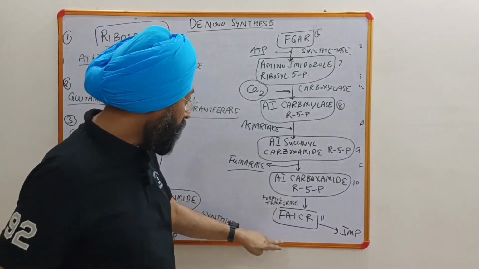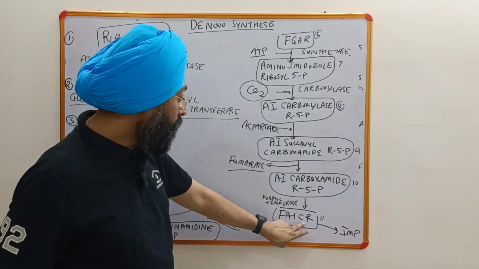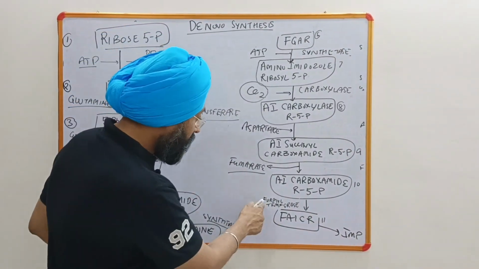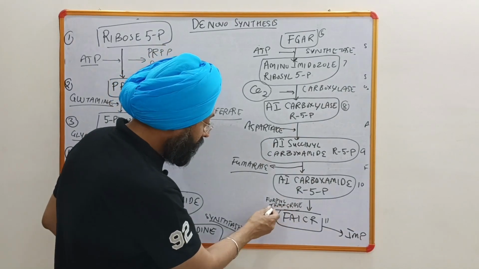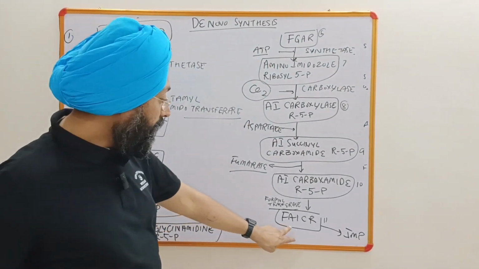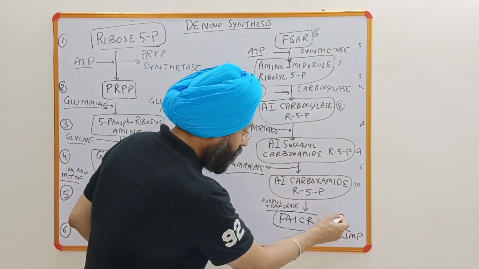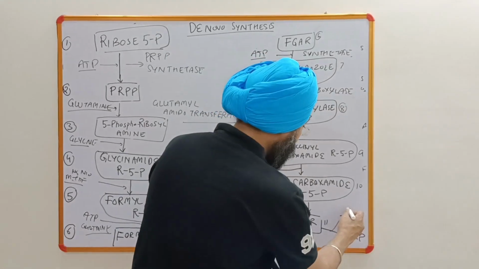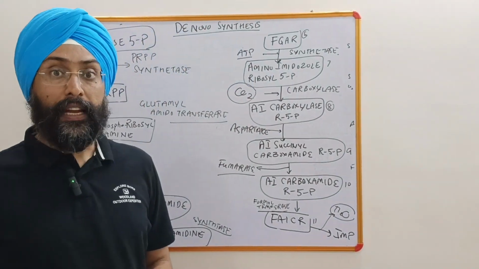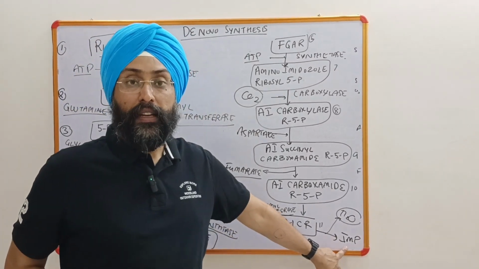Here it is further converted into formyl aminoimidazole carboxamide ribosyl 5-phosphate, and there we require formyl transferase and N10-formyl tetrahydrofolate is used, right? And finally we will get the molecule IMP. Here we will remove a water molecule and the reaction is carried by cyclohydrolase, and the ring will close and we will get the final molecule, that is IMP.